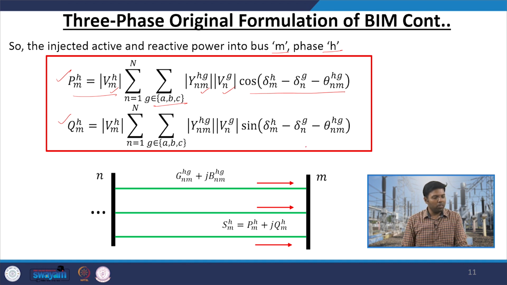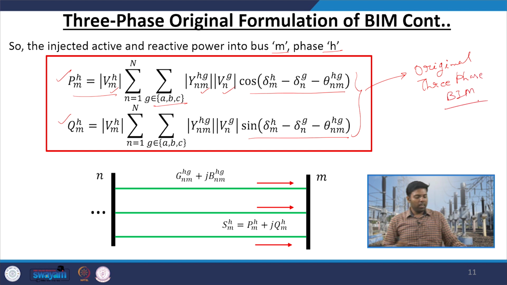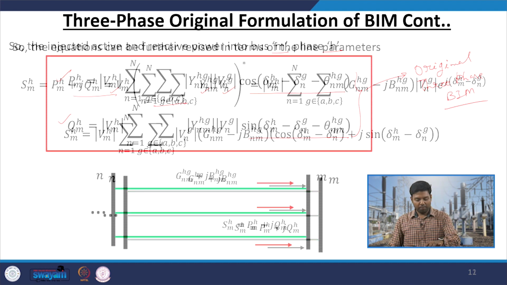Similarly, the same component will be there for Q, just the angle term will become sine. So, this is your original 3-phase BIM. Depending upon how many phases you are considering, this is your 3-phase BIM.